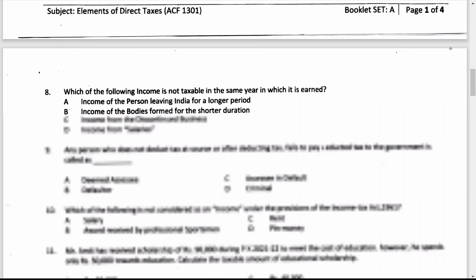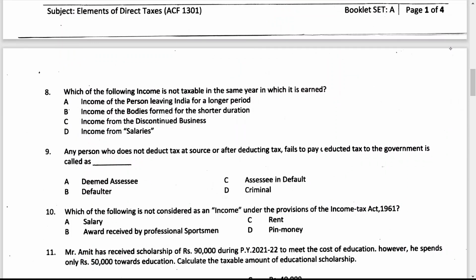Now next one: which of the following incomes is not taxable in the same year in which it is earned? In that you have to find the incorrect option. Income of a person living in India for a longer period: for that person also it is taxable in the same year. Income of a body of individuals for a shorter duration is also a case of exception. Income from a discontinued business is also a case of exception. Only income from salary is not taxable in the same year in which it is earned. So the most appropriate answer in this case is D. Otherwise, these other three are exceptions to the previous year rule, so they will not become the answer.